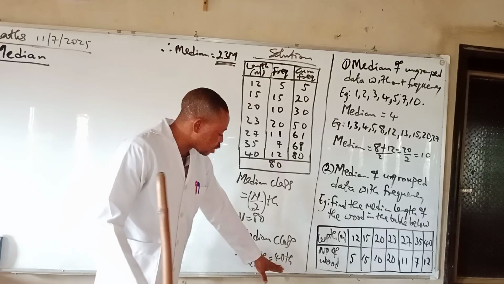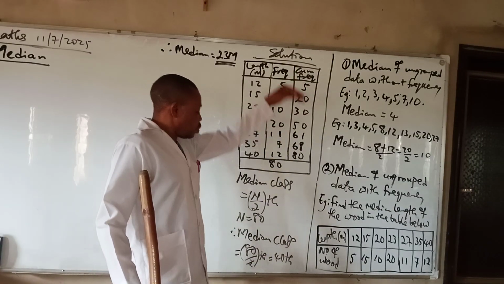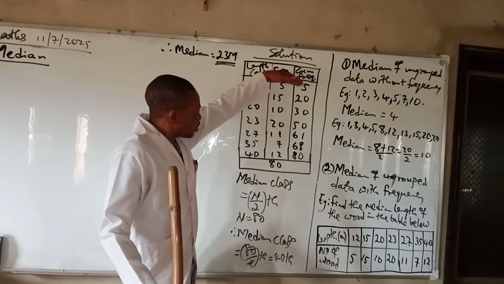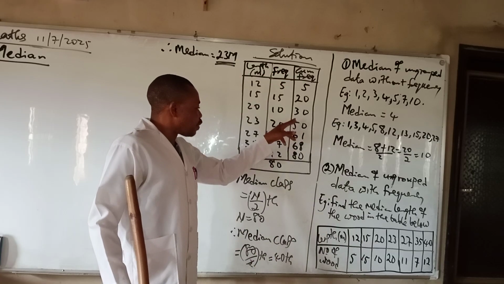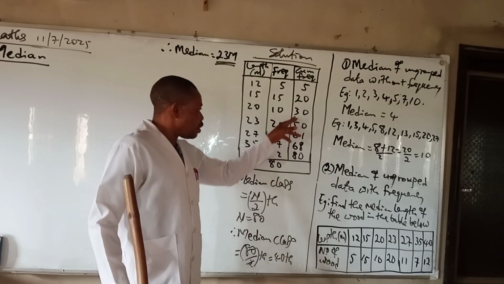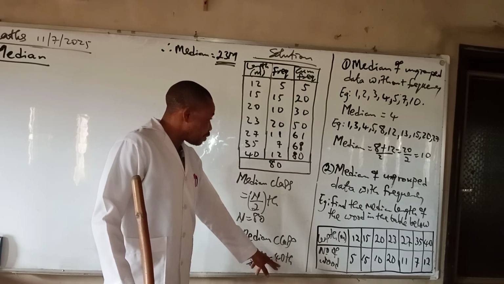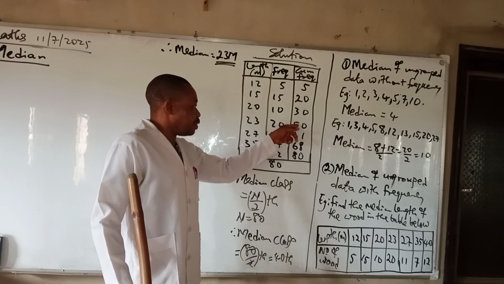We now take this number obtained here and go to the cumulative frequency column. We check the numbers that are greater than 40. From 50 down, they are greater than 40. The least among them is where we are going to stay, and that is 50.